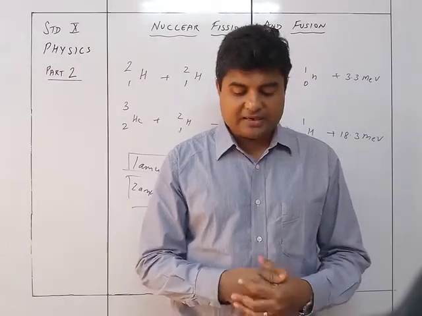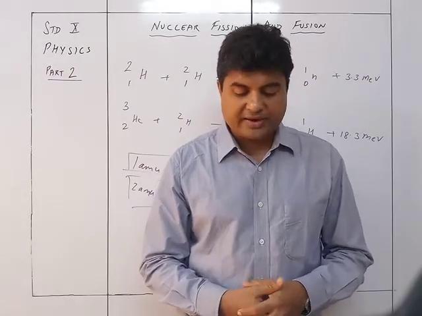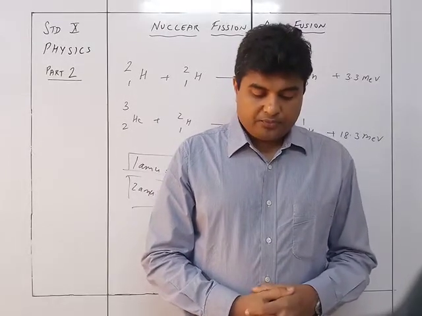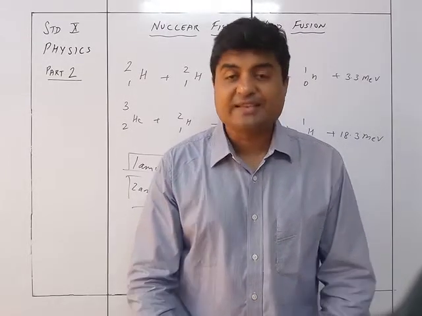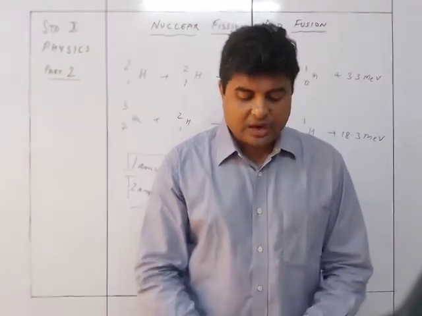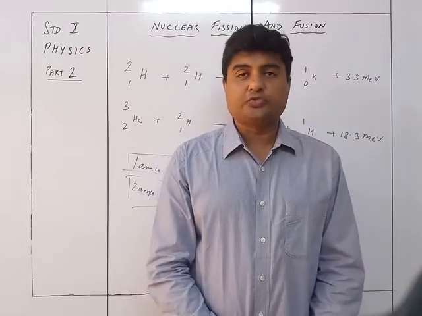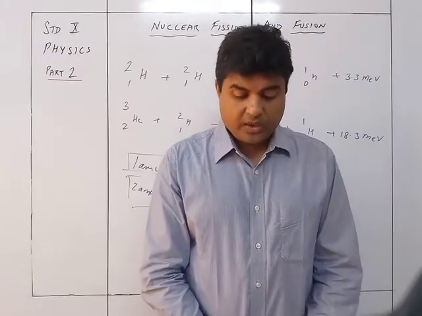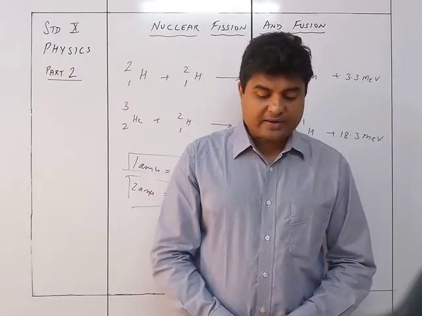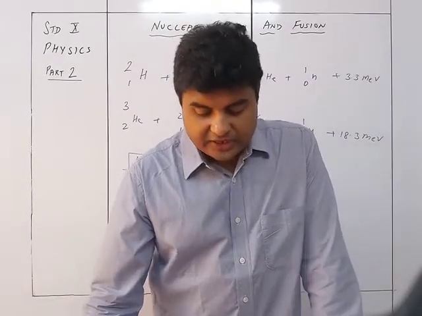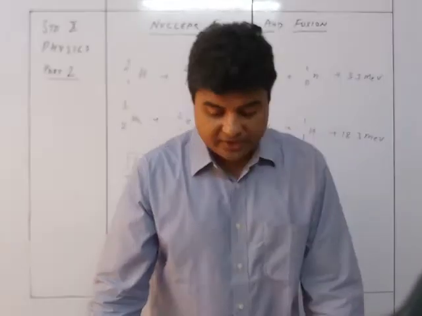For the same mass, the energy released in the fusion process is much more than that of the fission process. The fissionable substance is radioactive, so it gives out harmful radiations and creates problems in disposal of its waste. Whereas the fusionable substance is not radioactive, so it does not give out any harmful radiations, and disposal of its waste is also not difficult.